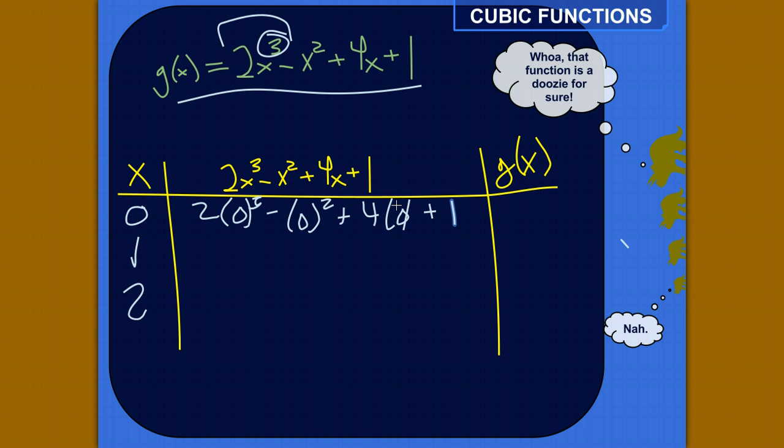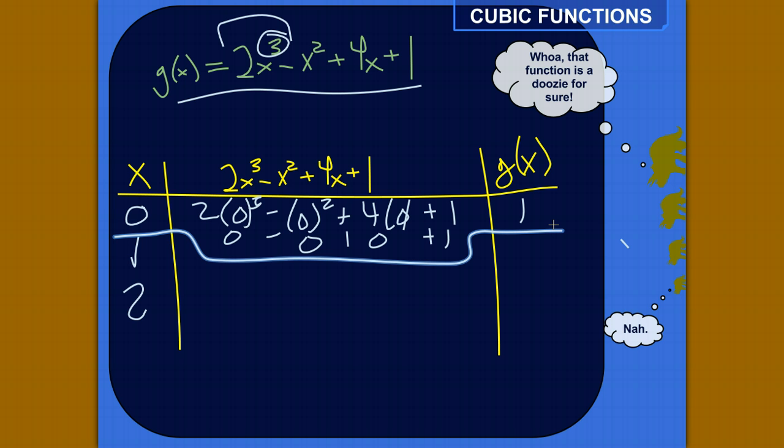Okay, so 0 to the third is 0. 2 times 0 is 0. 0 squared is 0. So 0 minus 0. Zeros tend to be pretty nice. Things just go away. 4 times 0 is 0. And then we've got a plus 1 here. So what this becomes is 0 minus 0 plus 0 plus 1. So this would equal 1. And I'm going to draw a line here to show that all this work goes with this 0. Okay?